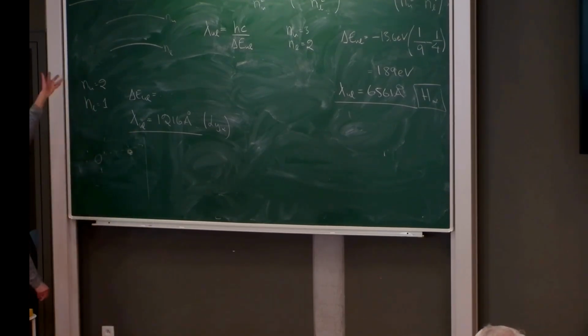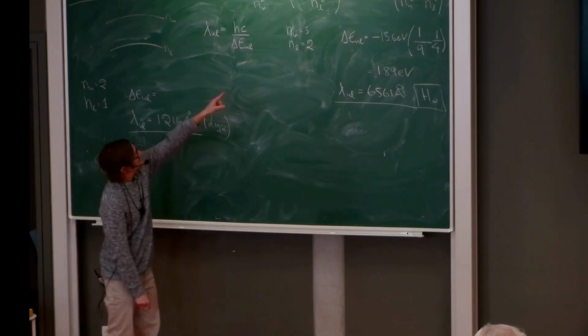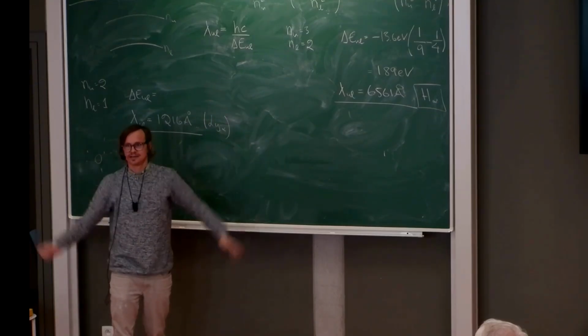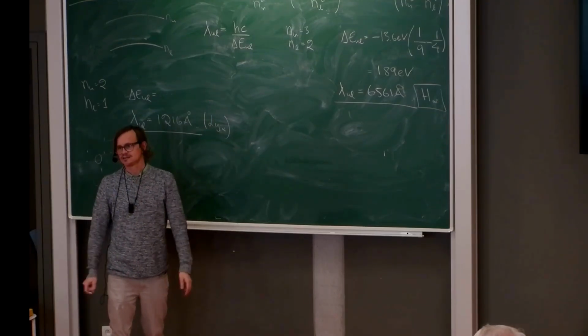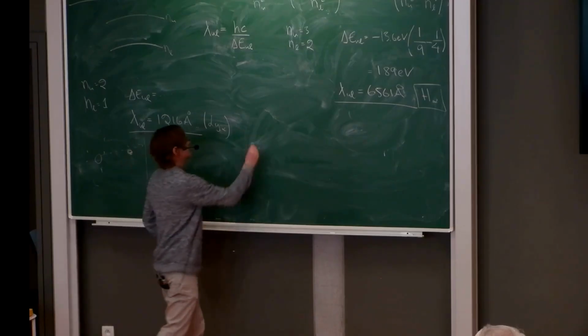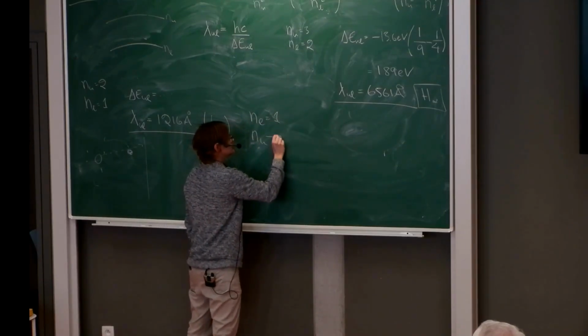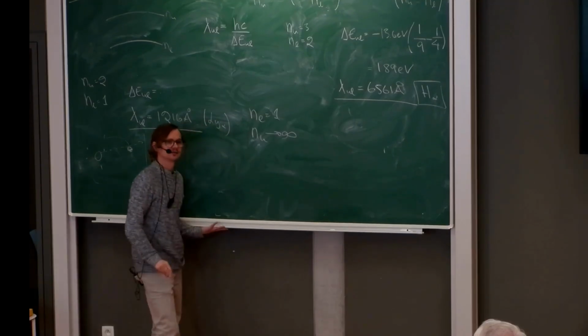Now, let's go back to our hydrogen Bohr atom. We can do a lot of other fun things with this. One thing is, what if we want to get rid of the electron, and we're in the ground state? What does that represent here? Then we have NL equals 1, but NU goes toward infinity.